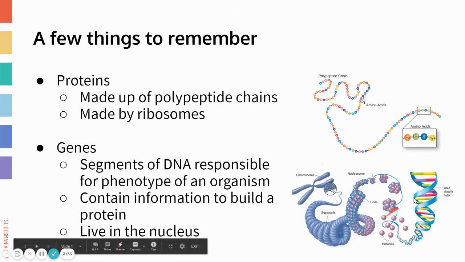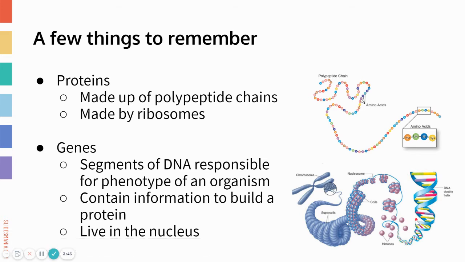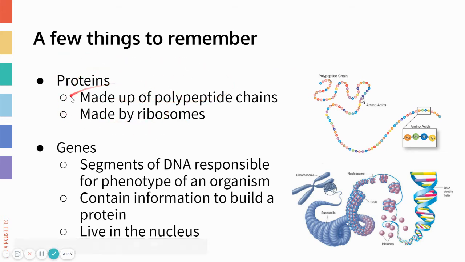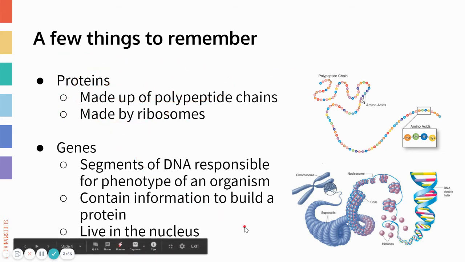And if you zoom in on the chromosome, you'll see that double helix shape of a DNA molecule. And so these genes contain the information that's needed to build a protein. So the information is here in the DNA, and we're going to use it to build these proteins. And all of this DNA, like I said, is in the nucleus of a cell.